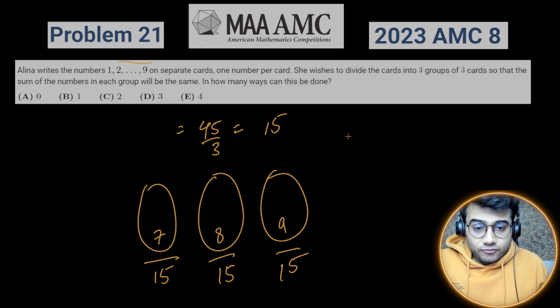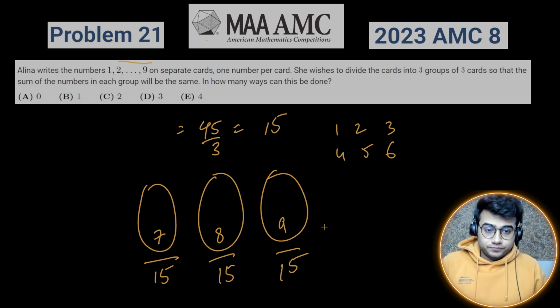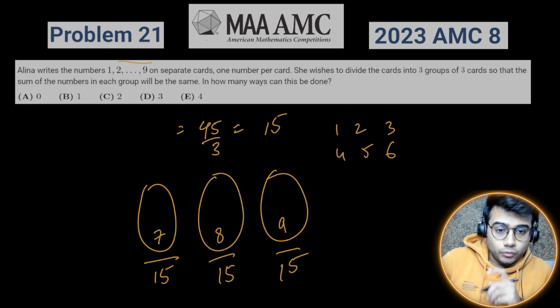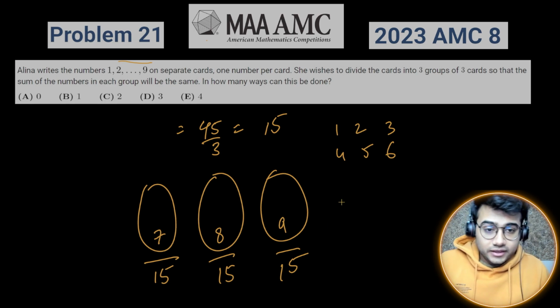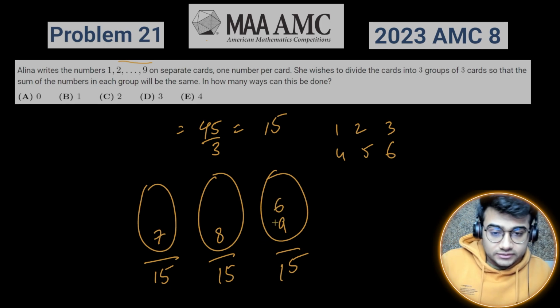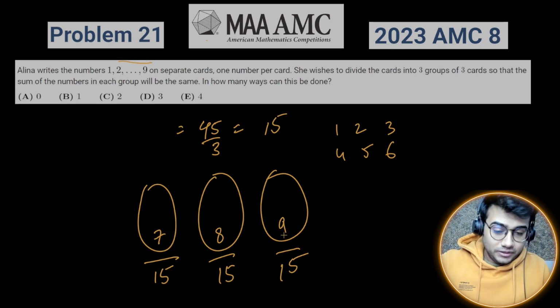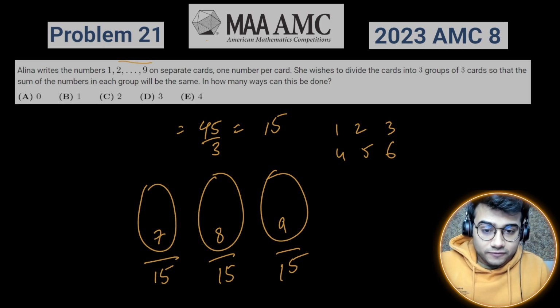Well, what is left behind now? So we have 1, 2, 3, 4, 5, 6. Okay, let's just go one by one. Let's say we have 6 here. So 9 and 6 will add up to 15. Well, that's not possible. So 6 can't be here. Then what about 5?